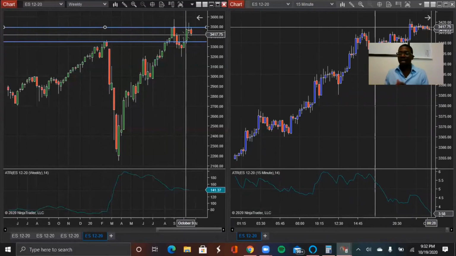And I'm gonna try to get my shorting opportunity as close to the line as possible because the closer you are to your zone, the safer trade you're taking and the much higher return on investment you're probably gonna get on that trade, okay?